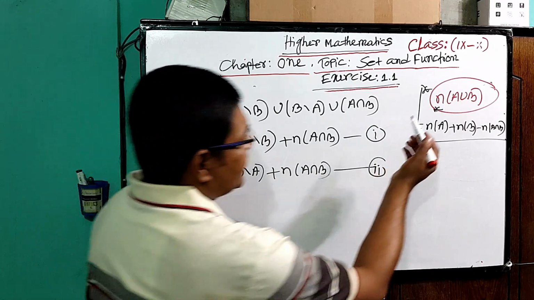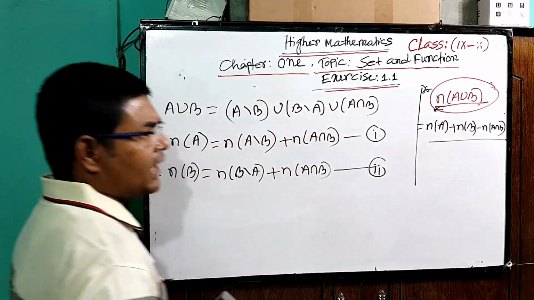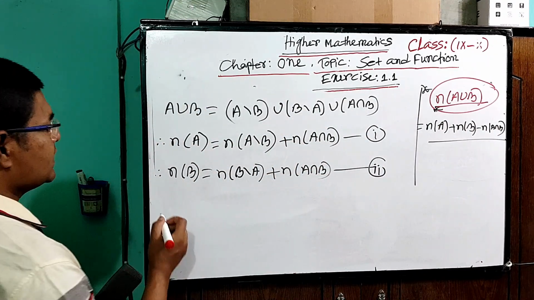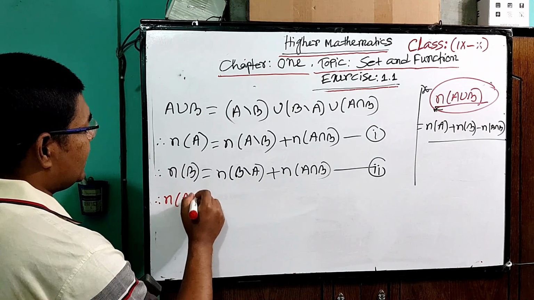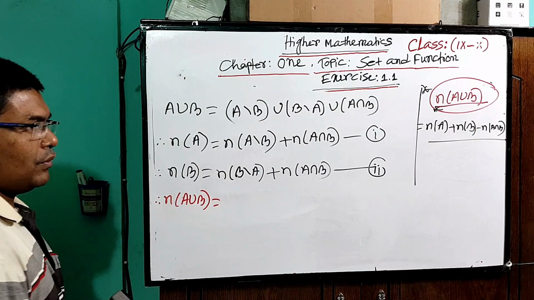Now here is n of A union B. Therefore n of A union B equal to, what will it be?